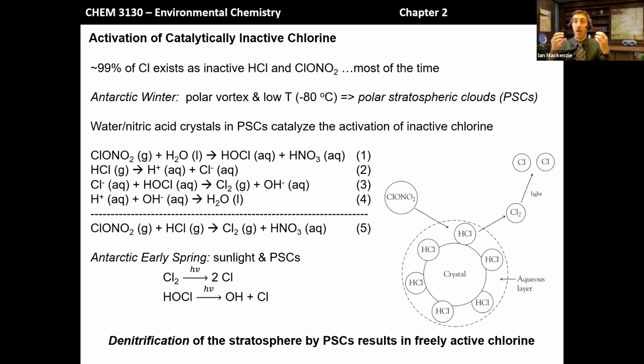So now when early spring rolls around, we generate large amounts of active chlorine, the atomic chlorine, but there's no or very little NO2 or nitrogen dioxide to react with that active form to deactivate it. So now the chlorine has gone from 99% inactive to 99% active in the stratosphere. And this results in ozone destruction on a massive scale, resulting in the ozone hole.